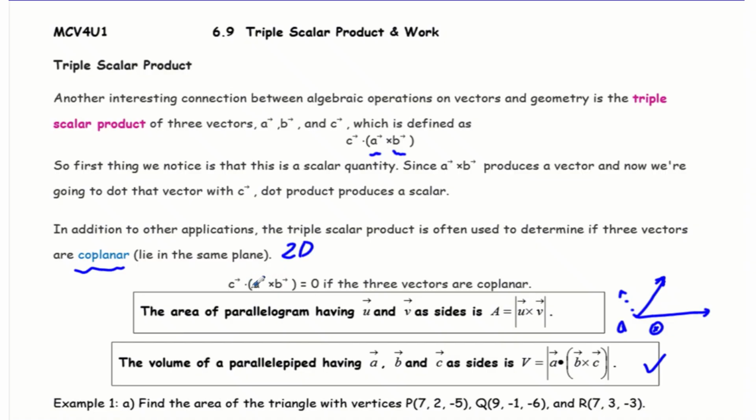So if the triple product equals 0, then the 3 vectors are in the same plane. They form a 2 dimension. These are the 3 applications for the triple scalar product.